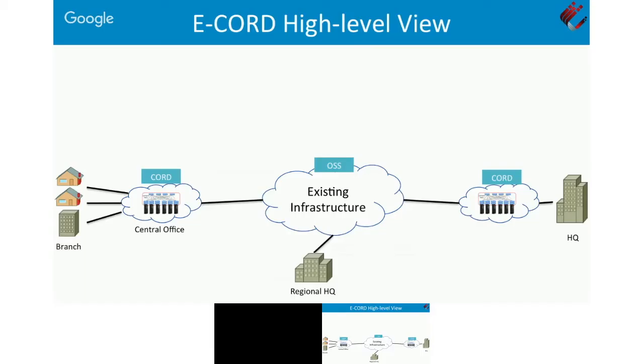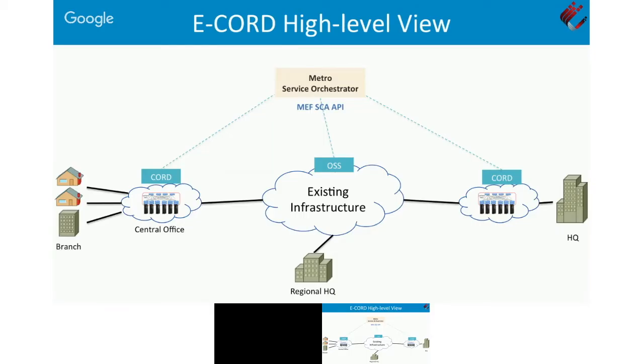Each central office is our familiar CORD site, and each CORD site currently only has knowledge of its own central office. So in order to let them coordinate and create these end-to-end service connectivity, we introduced the Metro Service Orchestrator. This service orchestrator has a view into the transport network, plus is aware of all the CORD sites that are involved.